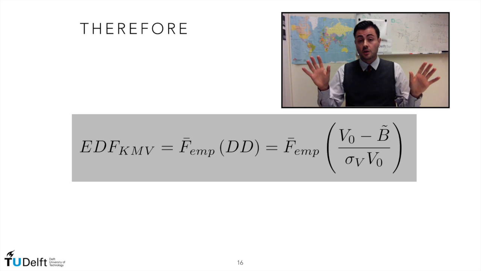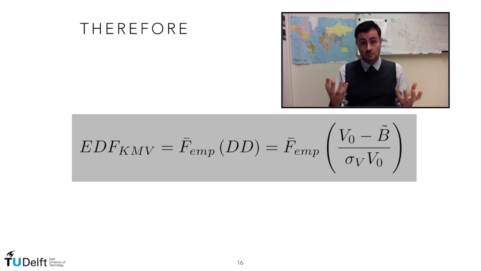Two very different companies that share the same distance to default will essentially have the same EDF, the same probability of default over 1 year.